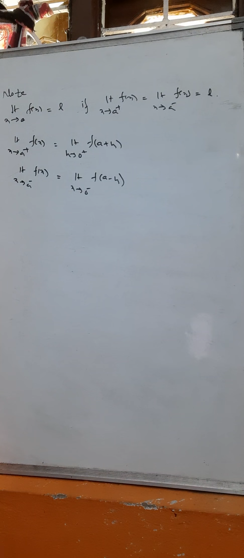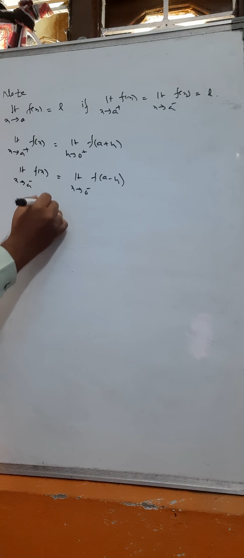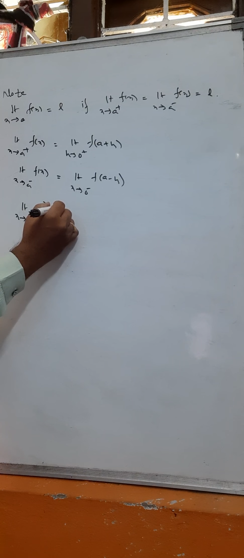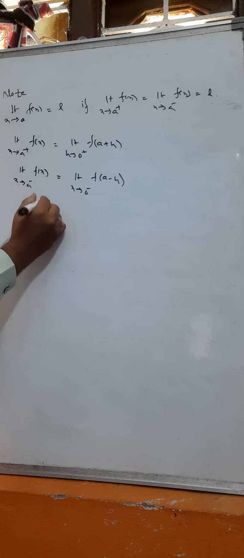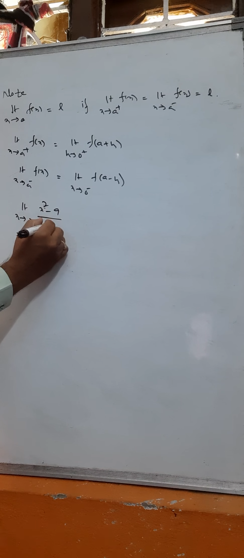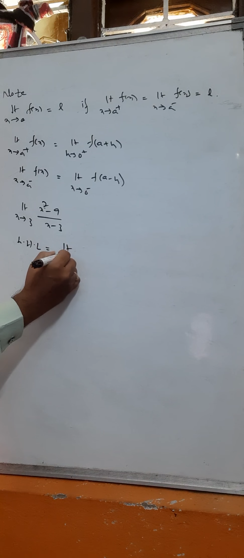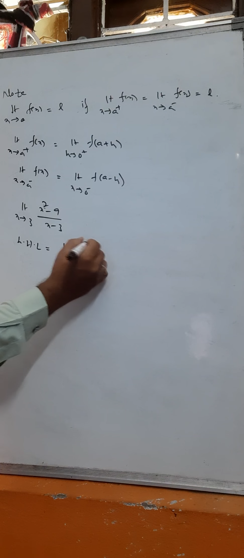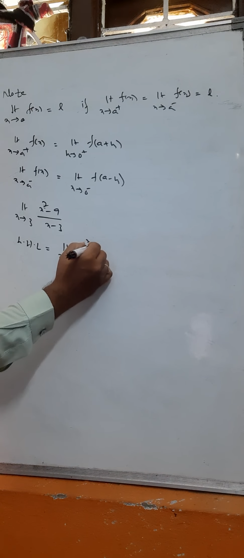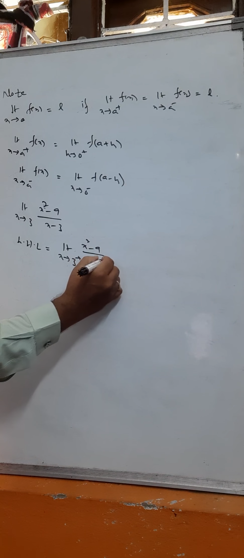Let me see one of the examples. Limit x tends to 3 of x square minus 9 by x minus 3. First of all we have to find LHL. LHL means limit x tends to 3 minus f of x, that is x square minus 9 by x minus 3.